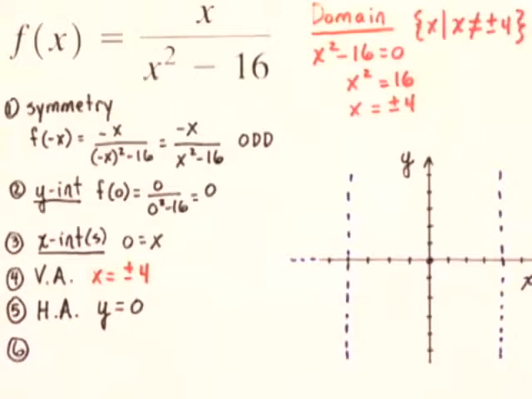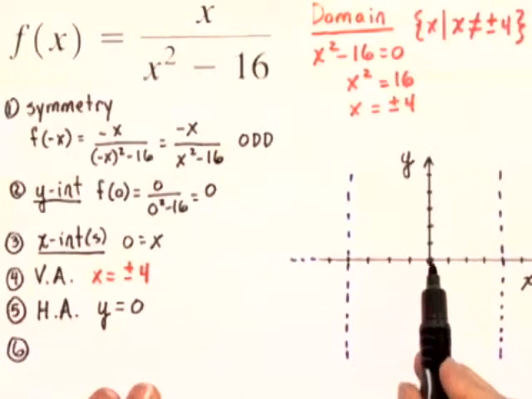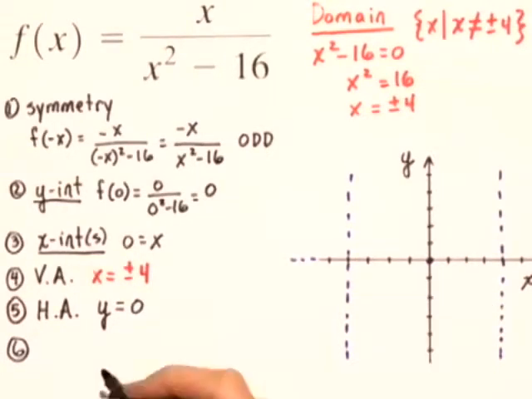Now we're ready to pick a few points. Normally, I pick points between any vertical asymptote and any x-intercept, but really, I only need to pick half as many points here because I have symmetry. So I'm going to start off just to the right of the y-axis, and I'm going to choose a value in between 0 and 4 for x.